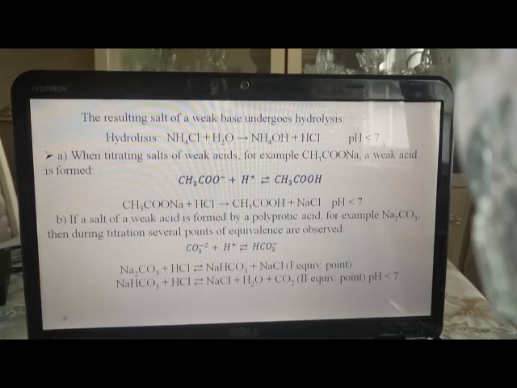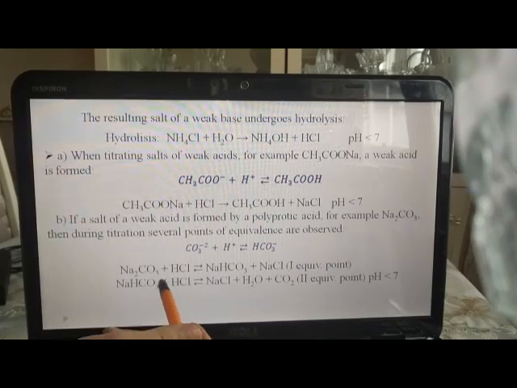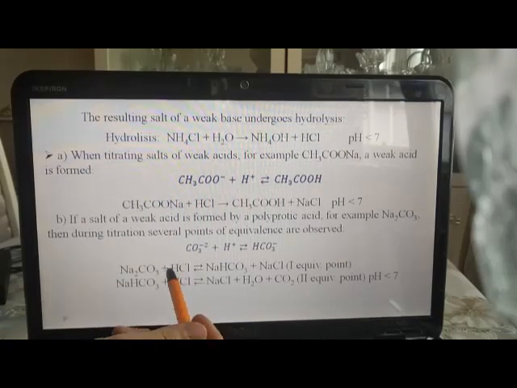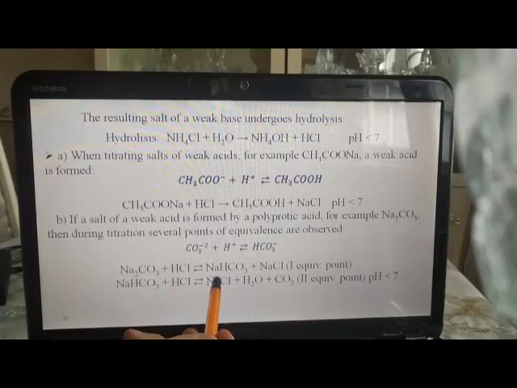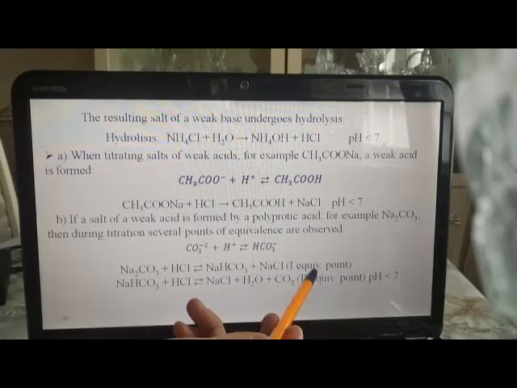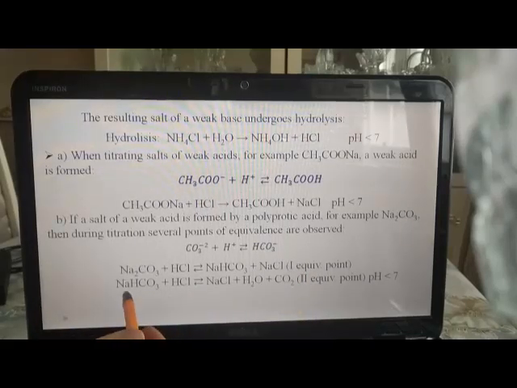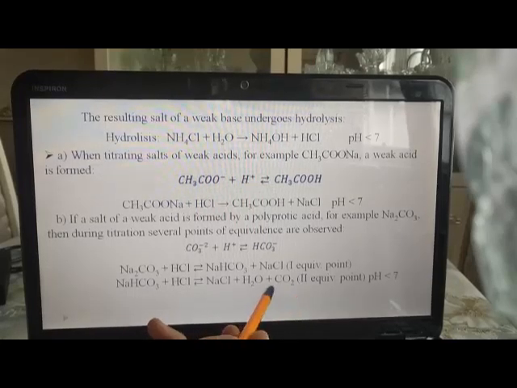For example, by addition of strong hydrogen chloride to the solution of sodium carbonate, the primary standard solution, sodium hydrocarbonate forms at the first equivalence point. In the second equivalence point, sodium hydrocarbonate continues to be titrated with hydrogen chloride, and at the second equivalence point, the pH of the medium is less than 7.